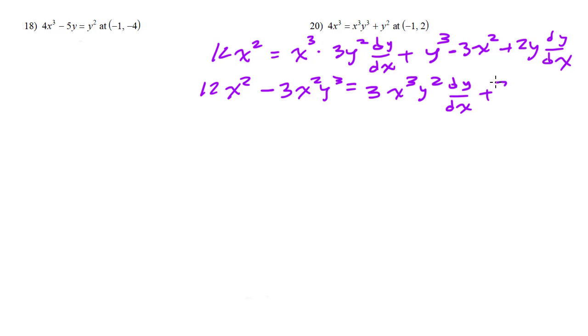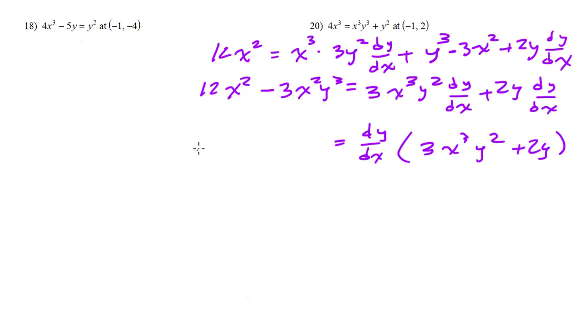And then this is 2y dy dx. So we'd have to factor out the dy dx here. And we get dy dx. Take that out. So that leaves us a 3x cubed y squared plus 2y. Over here, 12x squared minus 3x squared y cubed.